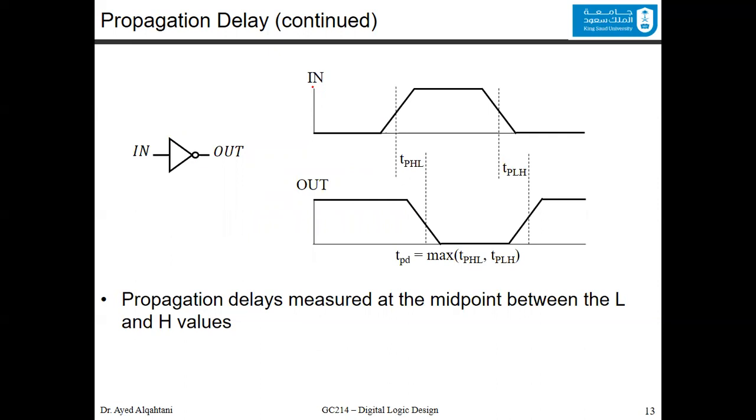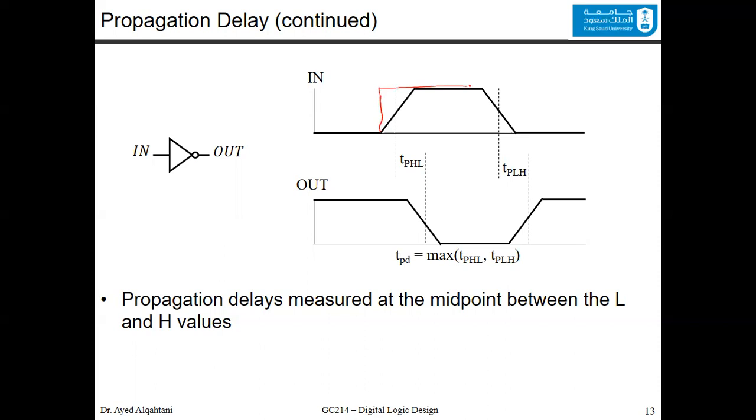This is the input and the output. Let's suppose that the input was logic 0, and then it went up to logic 1, and then back again to logic 0. The input cannot suddenly move from 0 to 1 at a very high speed.